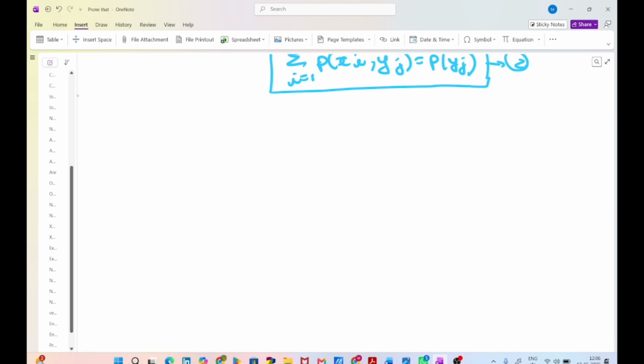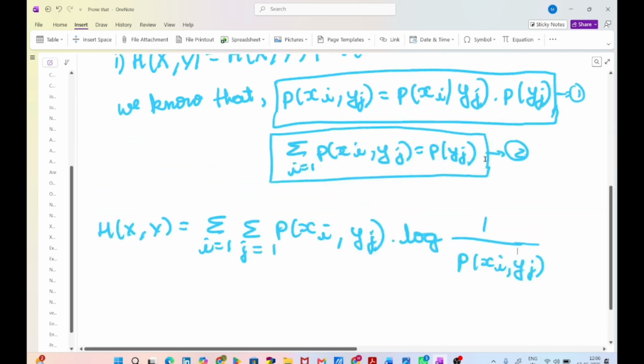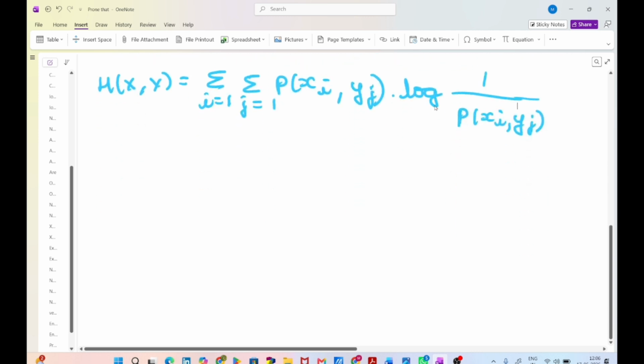H(X,Y) = summation over i, summation over j of p(xi, yj) log of 1 by p(xi, yj). From equation 1, we can write p(xi, yj) as p(xi|yj) into p(yj).